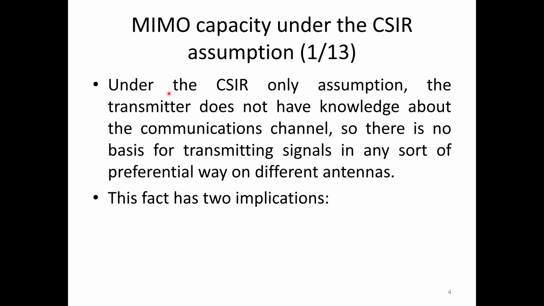Under the CSIR-only assumption, what is the CSIR? That is, only the receiver knows the channel state information, and the transmitter does not know the channel state information. You may ask what the channel state information is. It means the channel matrix H.